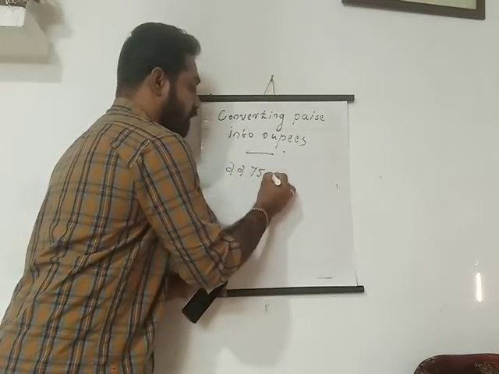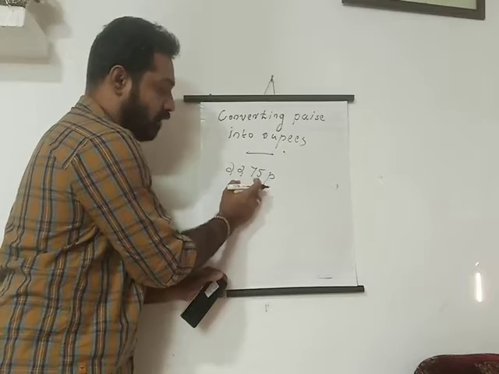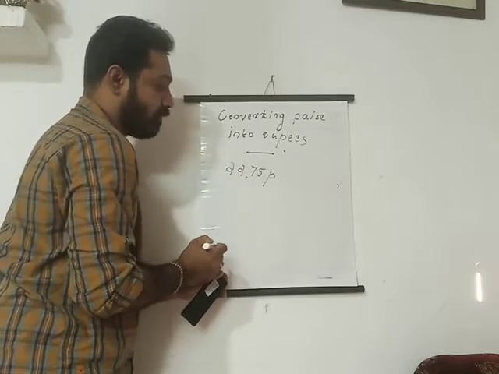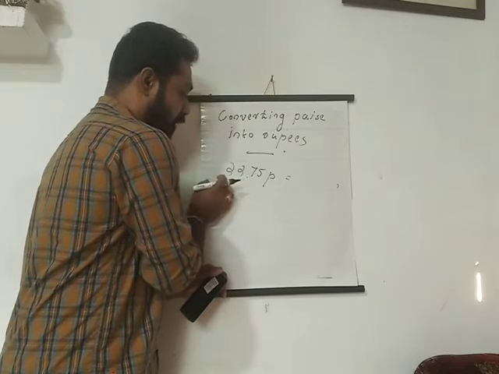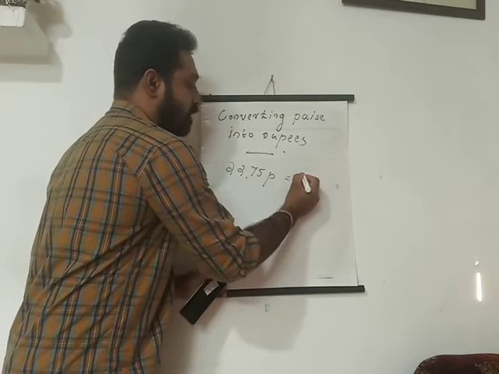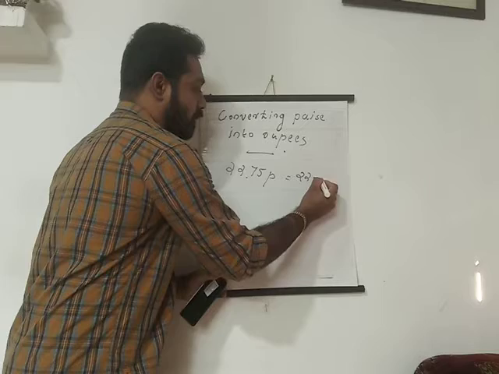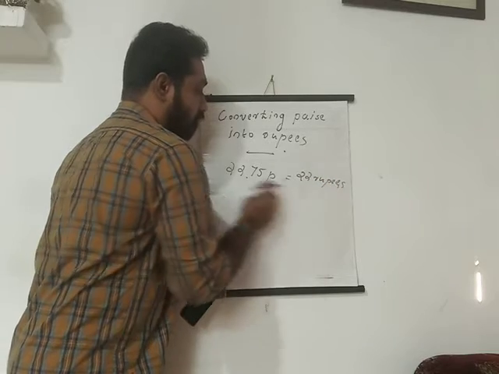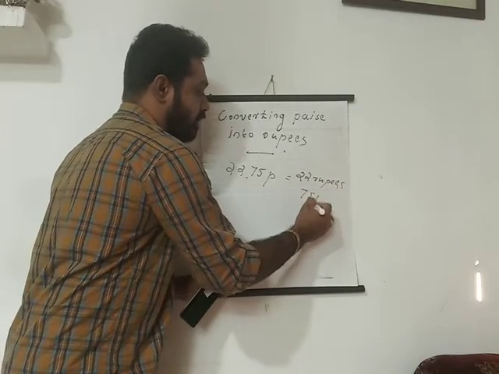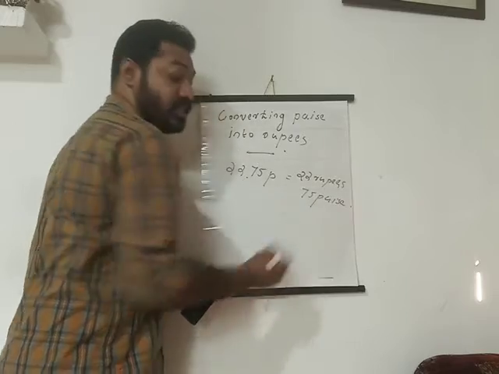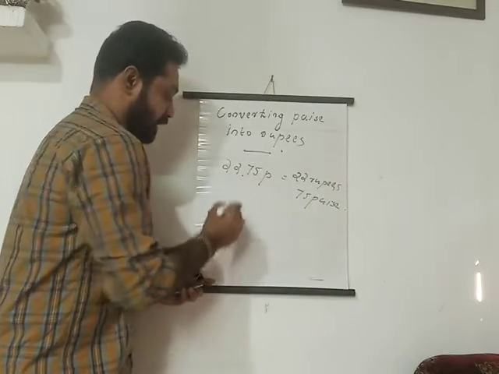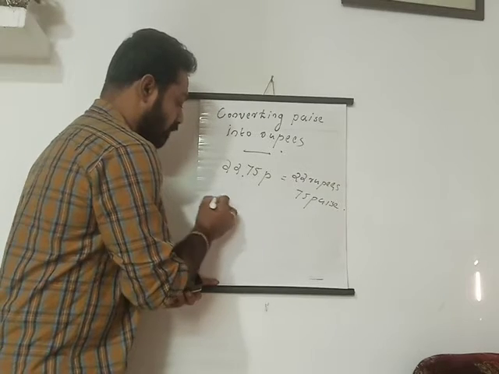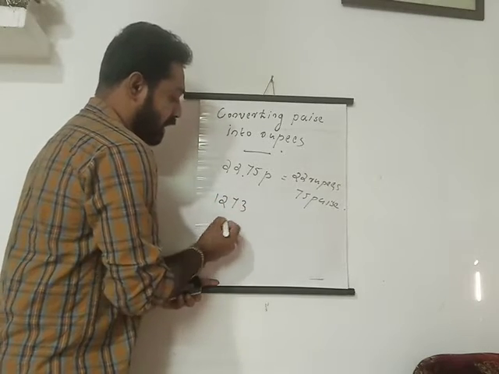How about 2275 paise? Take from the right hand 1, 2, and put a point here. The numbers before this point, 22, are the rupees part, and after the point, 75, is paise. So this is very simple to convert, isn't it? 22 rupees 75 paise. Like that, 1273, what will be the answer?